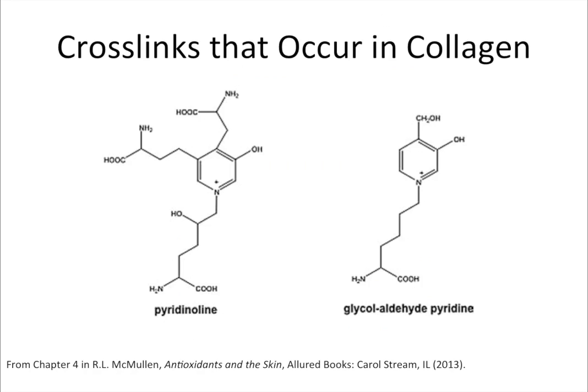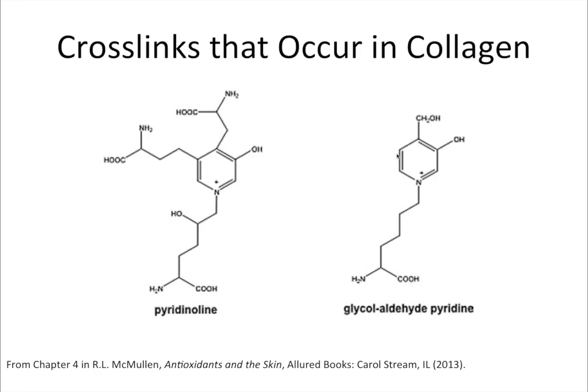In collagen, if you'll recall, it's cross-linked. There's two predominant species responsible for cross-linking it. One is pyridinoline, which is the structure shown on the left, and the other one is glycoaldehyde pyridine, which is the structure shown on the right.